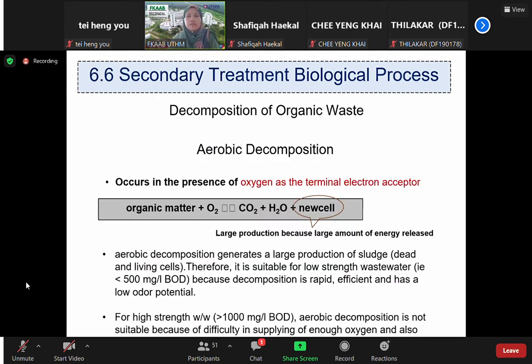Okay. So first is the aerobic decomposition. In this case, we must provide the aeration. So organic matter with oxygen, then it can produce carbon dioxide, water, and also the new cell. Okay, yang ni dah kira sel yang baru yang tak tercemar sangat lah, ya.